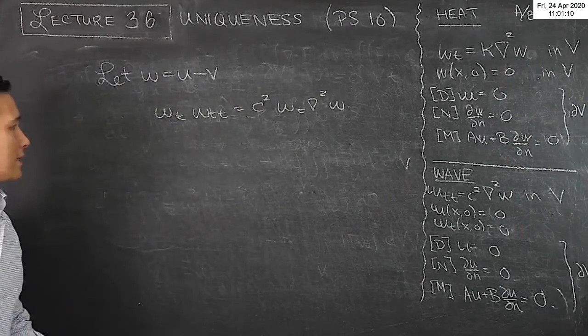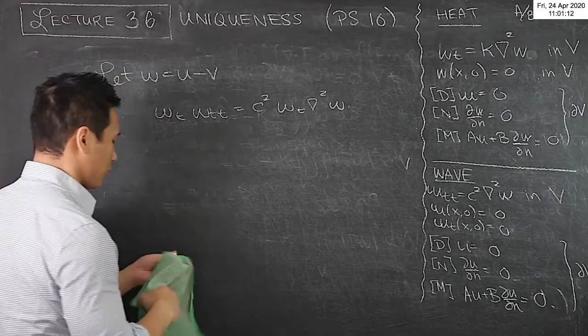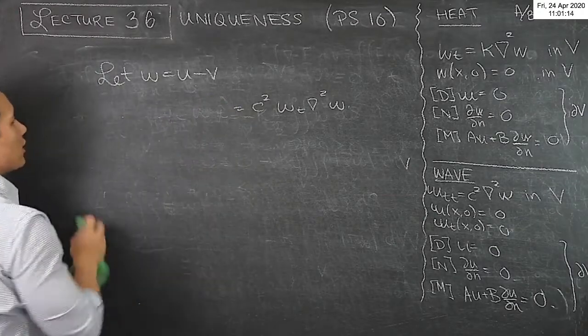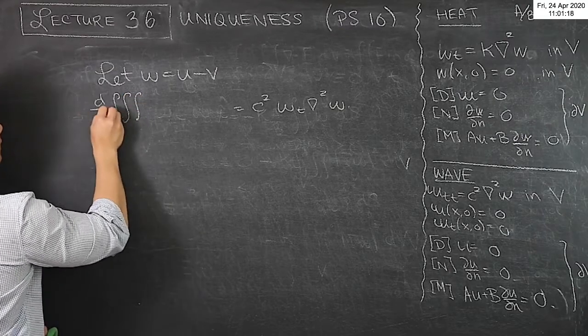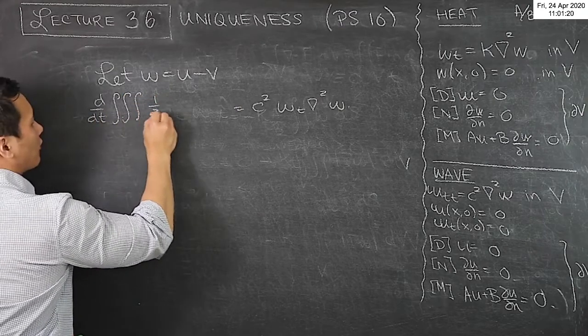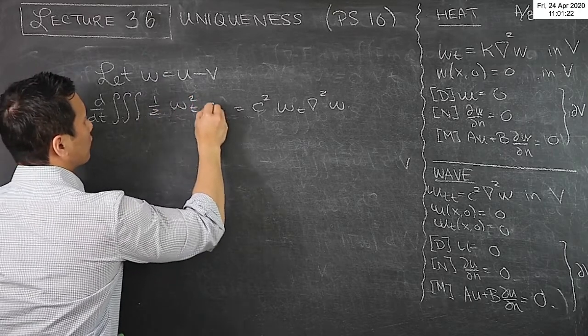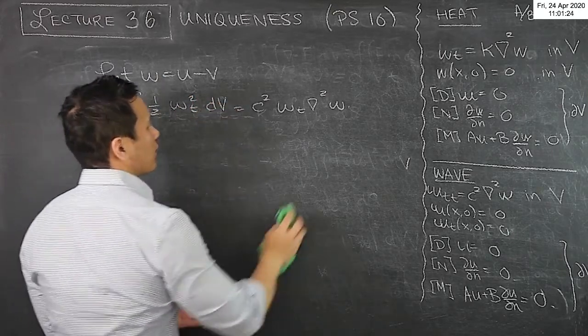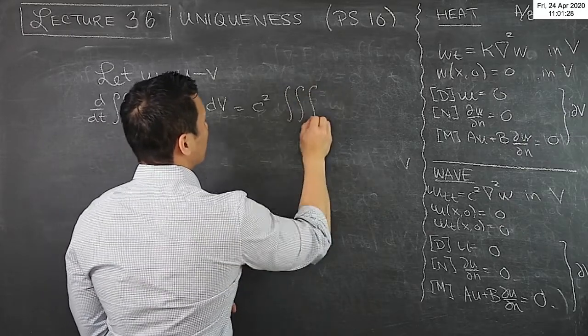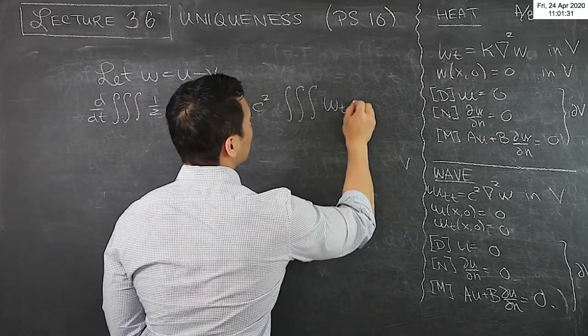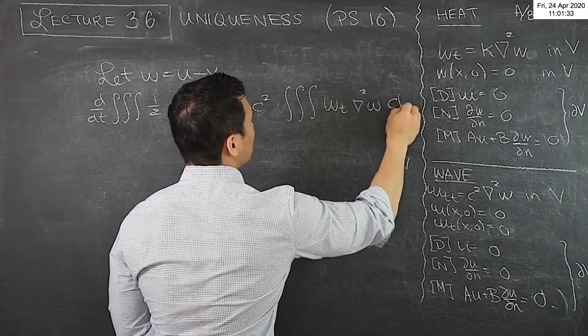It now becomes d/dt of 1/2 w_t squared, and then integrate everything over the volume. So this is now d/dt of the integral of 1/2 w_t squared dV. And then we integrate this right-hand side over the volume as well. So we have c squared times the integral of w_t Laplacian of w dV.